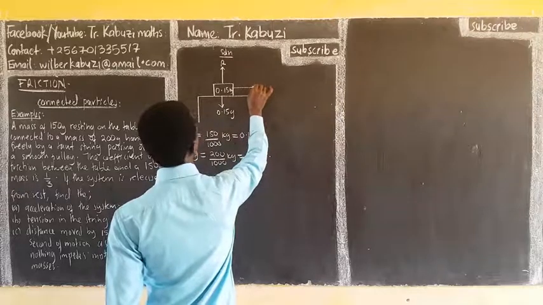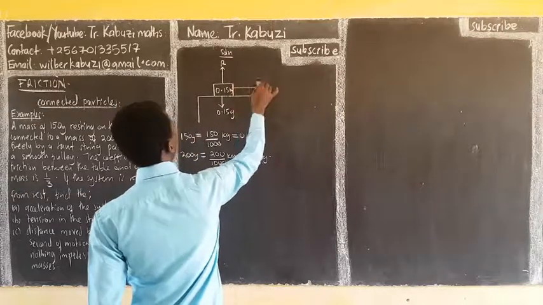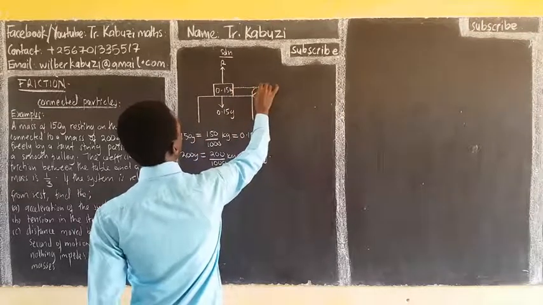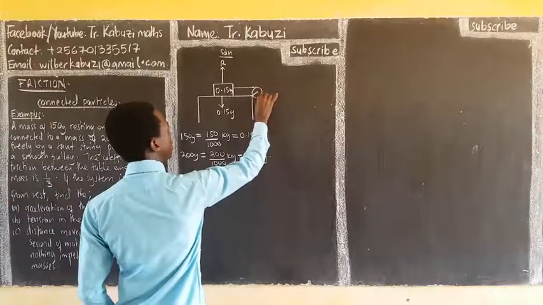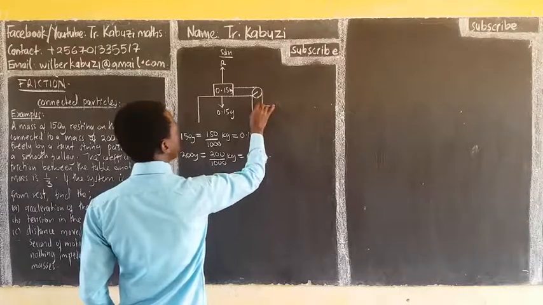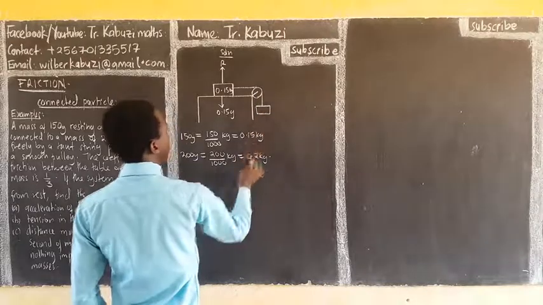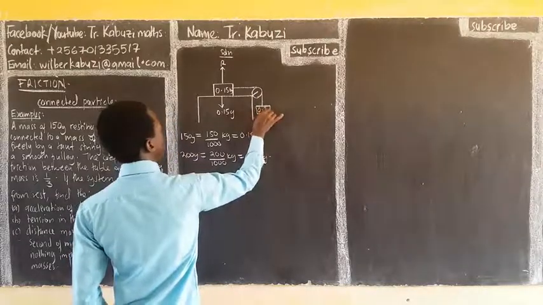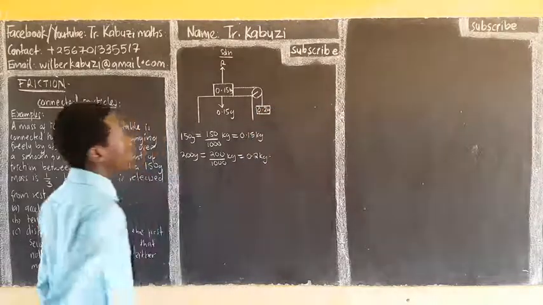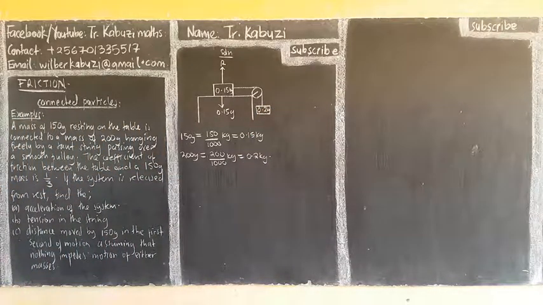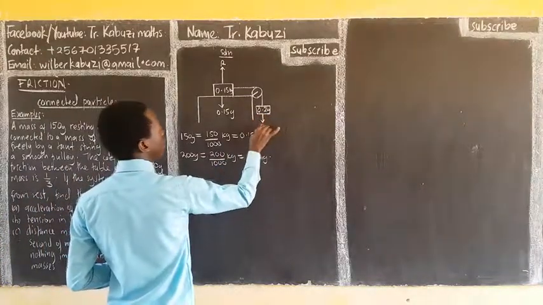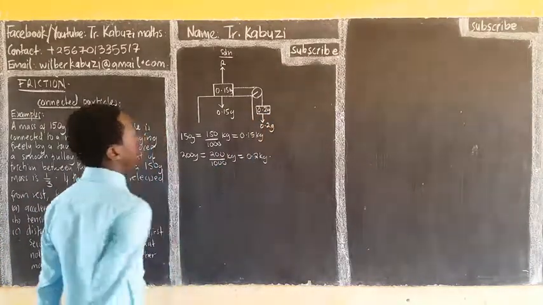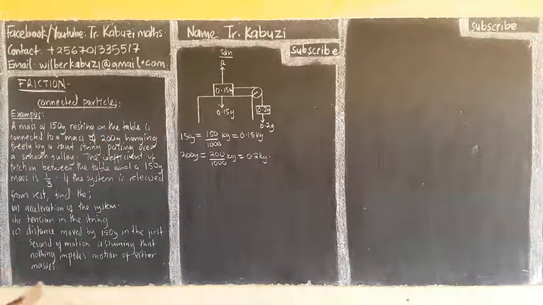Taut means it's inextensible. Then it passes over the pulley, and after it passes over this pulley, it has a mass of 200 grams, which is the same as 0.2 kilograms. Of course, it's going to have a weight, which is 0.2 times g.